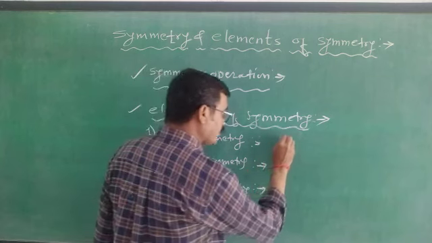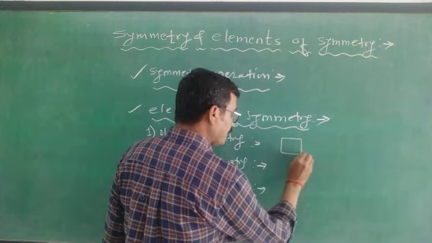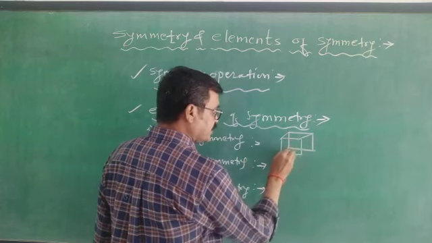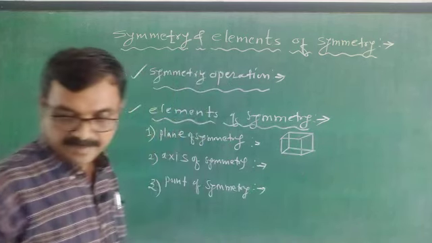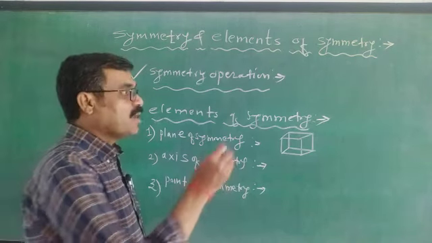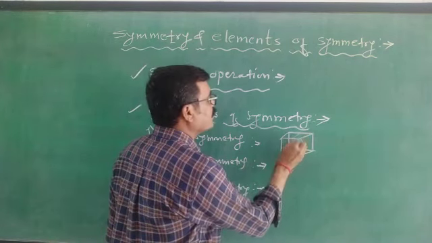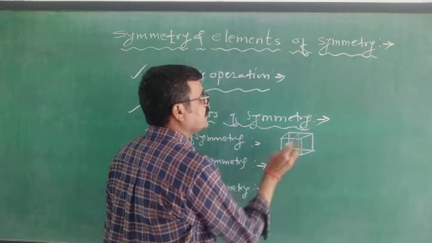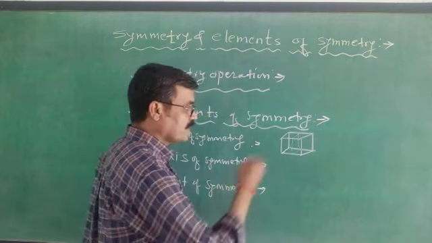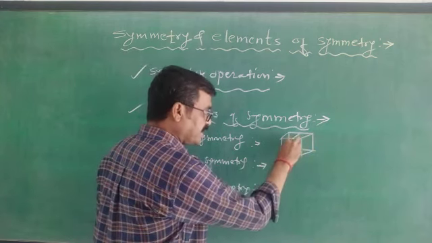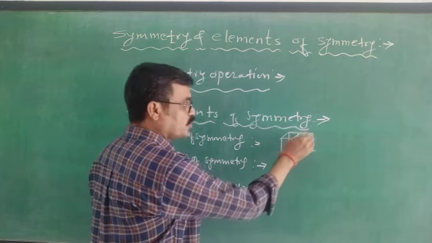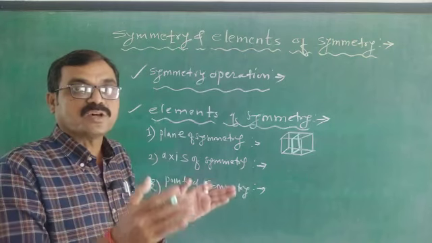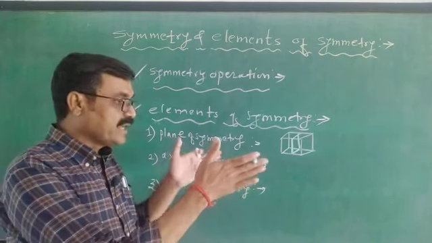Suppose we have a cubic crystal in this way, and if we have to reproduce this crystal, then a certain operation or process is carried out. It cuts in such a way, such a plane is drawn from the center of opposite faces. Then what happens? Due to this imaginary plane, this cubic crystal cuts into two equal halves or two equal parts which are mirror images of each other.